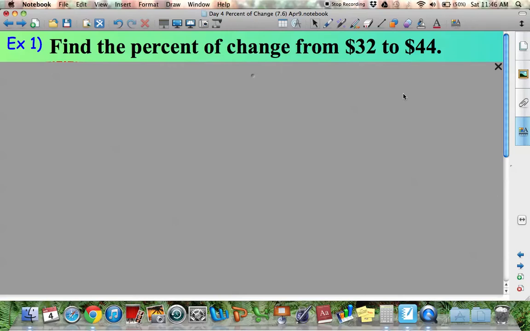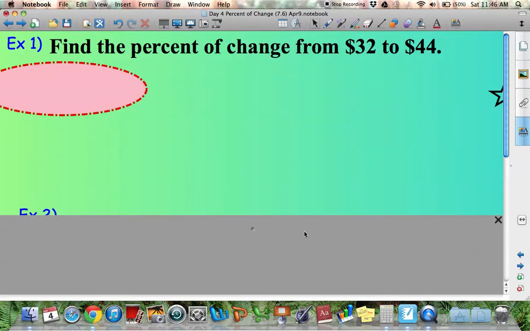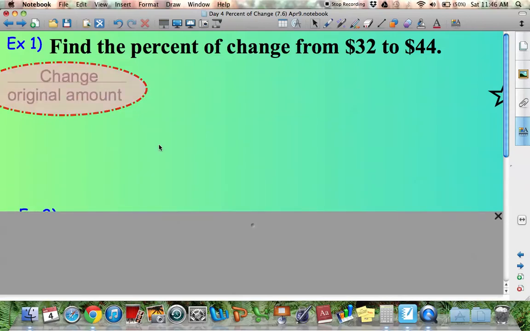Find the percent of change from $32 to $44. If you didn't have a chance to write down that previous formula, here it is again. We're going to look at our change over our original amount.